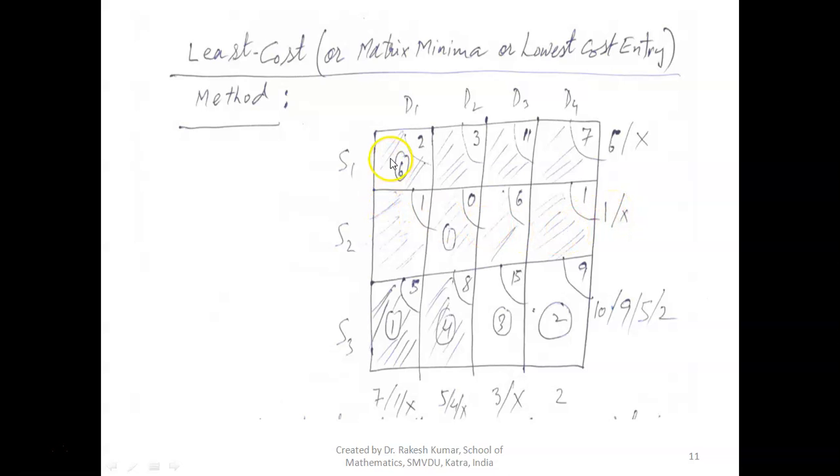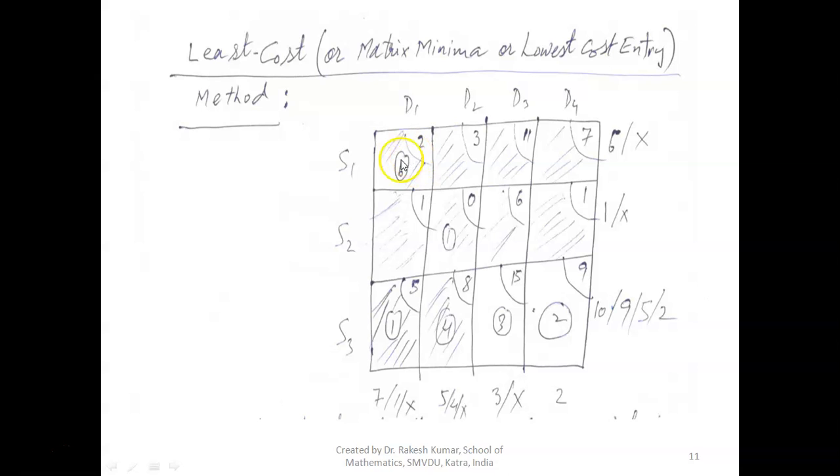The remaining table is the first row and third row, where the lowest cost is 2. So transport as much as here. Take the minimum of 6 and 7, that is 6, allocated here, and nothing is left with this supply center. So I put 6 here.